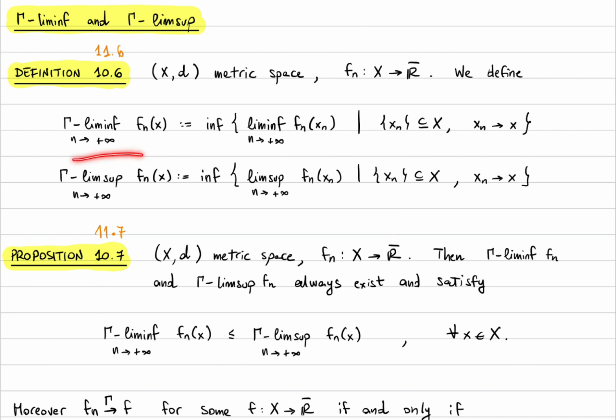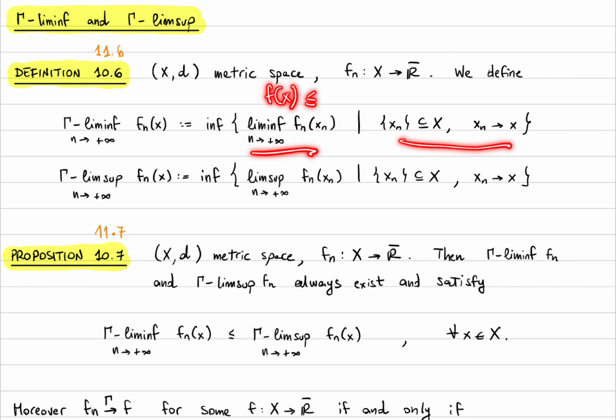The gamma lim-inf at the point x is defined as the infimum of all the lim-infs of the sequence Fn evaluated on sequences xn, such that xn is a sequence in X and xn is converging to x. Here I'm just basically doing the worst I can do in the gamma lim-inf inequality, because in that inequality I had to find a gamma limit f such that f(x) was less or equal than this quantity for every sequence converging to x.